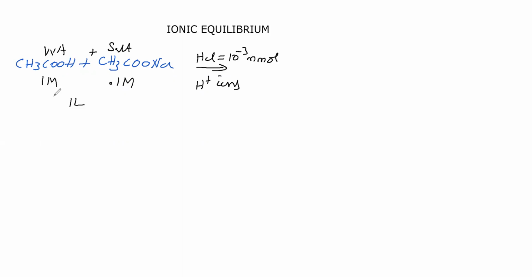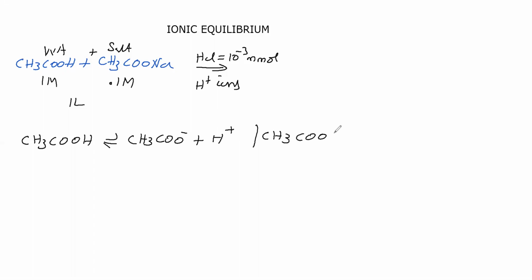Acetic acid undergoes ionization in the buffer solution. On ionization, it gives acetate ion and H plus ions. Sodium acetate ionizes to give acetate ion and sodium ion.